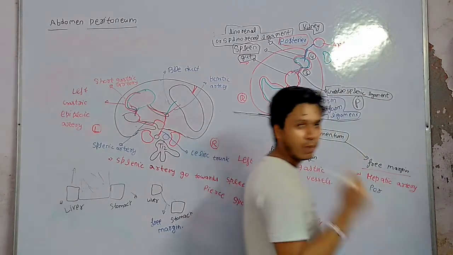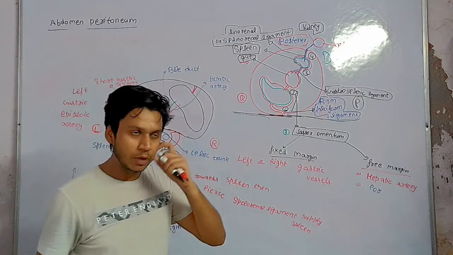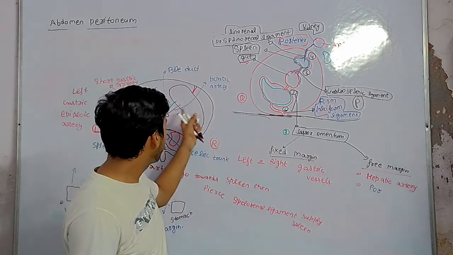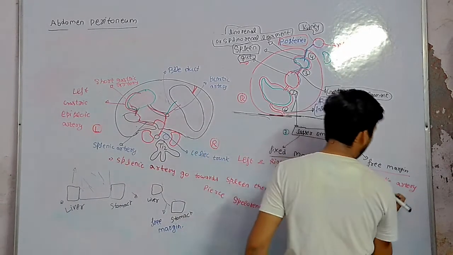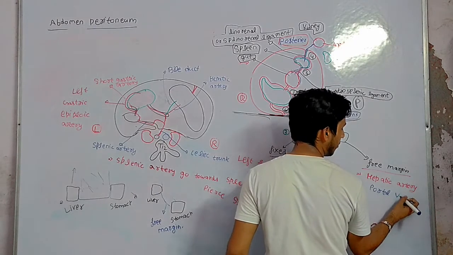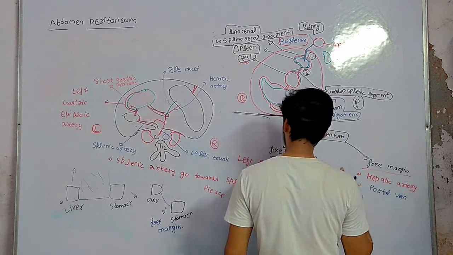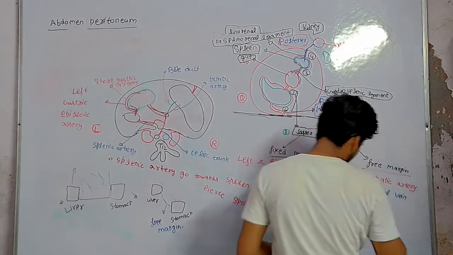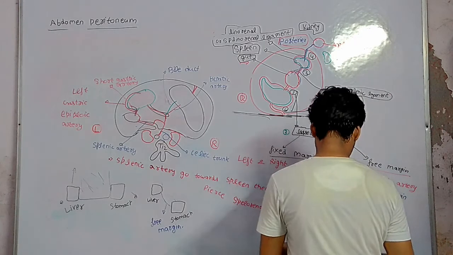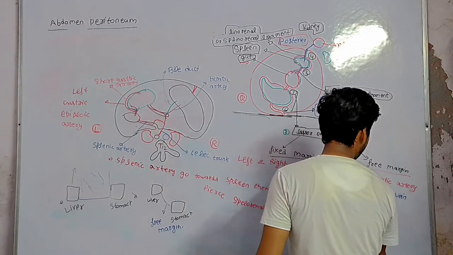The portal vein also comes because it comes from downwards, ascends upward, then passes this margin and goes into the liver. Important thing, learn this. And one content is the bile duct. So these are three contents.